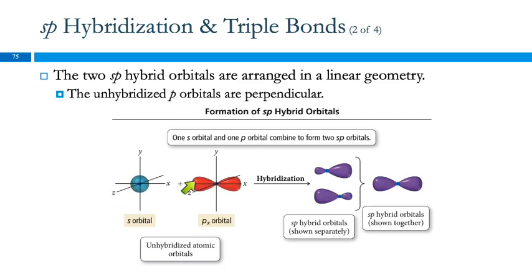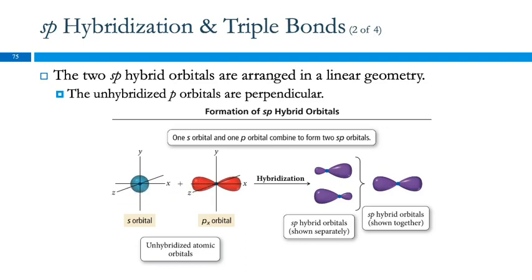Here we're combining an s and a p, and in some ways it would be easier if this was shown first, because I think it's easier to imagine how you can combine this s orbital and this p orbital and end up with those two things. That's a little easier to visualize than the s and three p's all jumbling up together.